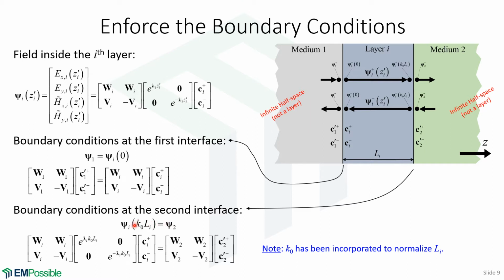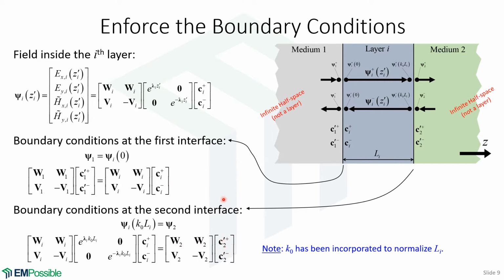Now, in layer i, since our local z coordinate is not 0, well, now we have this exponential of the eigenvalue matrices. We still have our eigenvector matrices of layer i. We still have our mode coefficients of layer i. Then in medium 2, we don't have this exponential matrix because the local z coordinate is 0, and that becomes the identity matrix, but we do have the eigenvector matrices in medium 2 and the mode coefficients in medium 2.